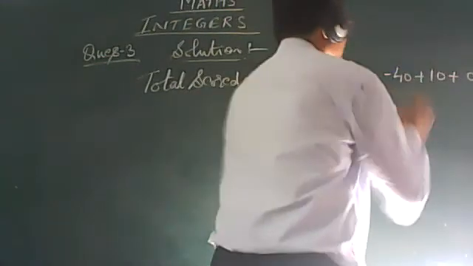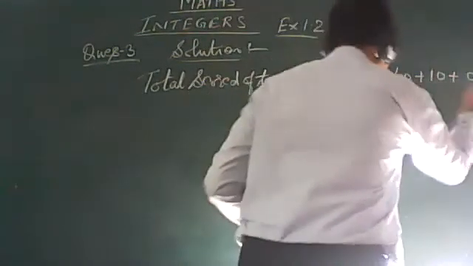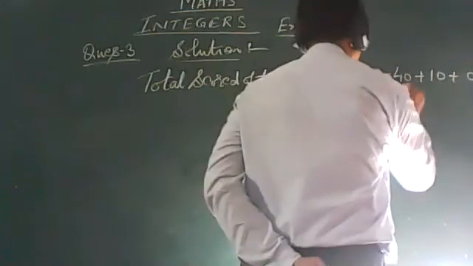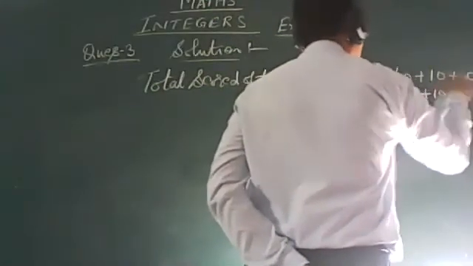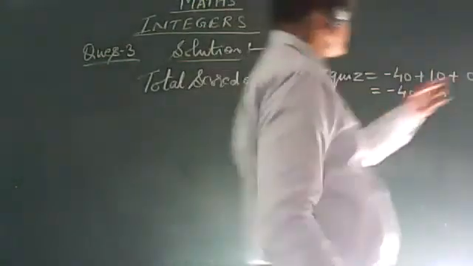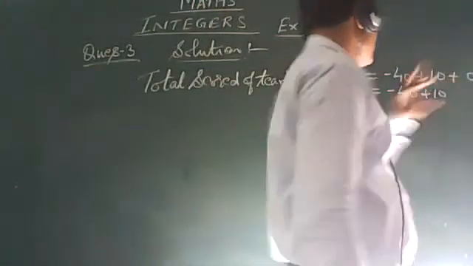Now we add all the numbers. First you arrange the numbers; here they are already arranged: minus 40 plus 10. If you add 0 to any number, the number comes itself.